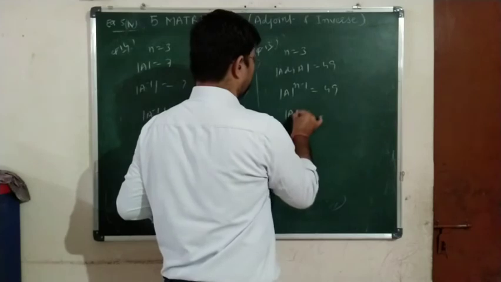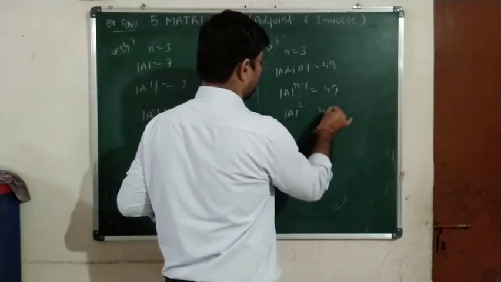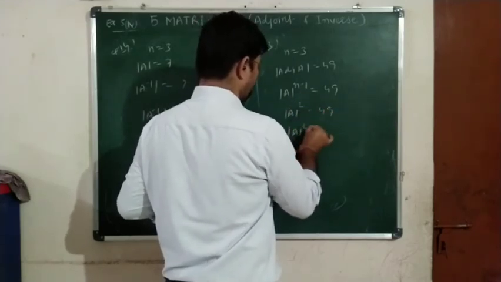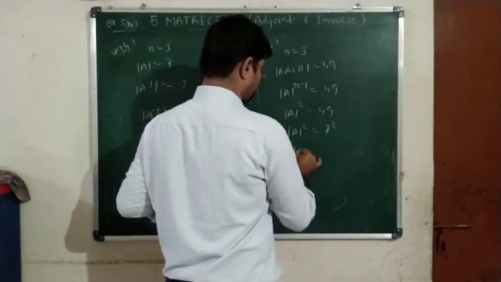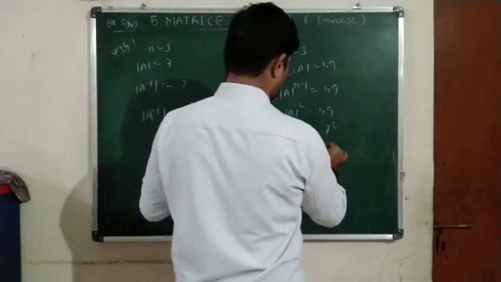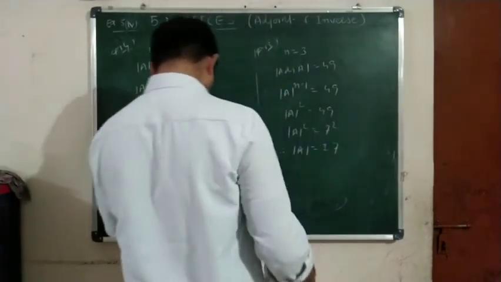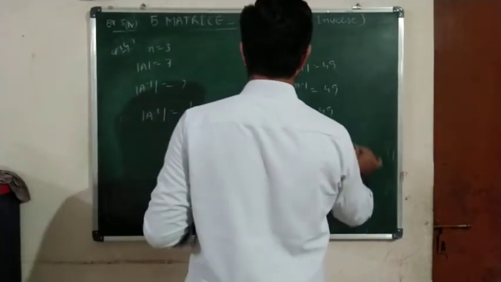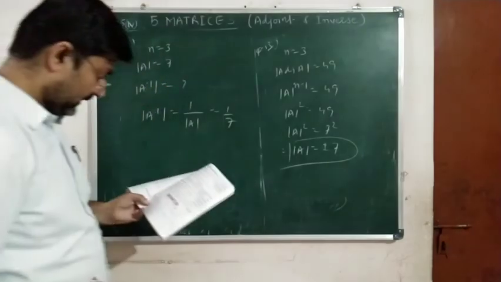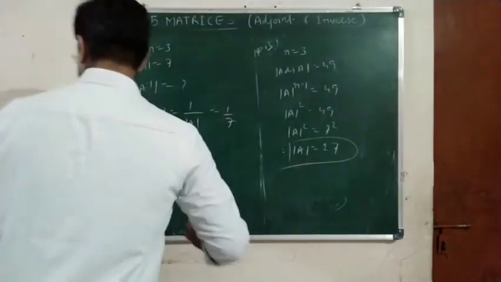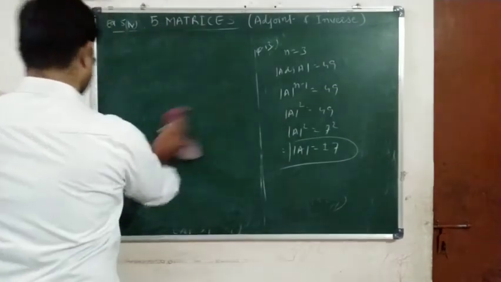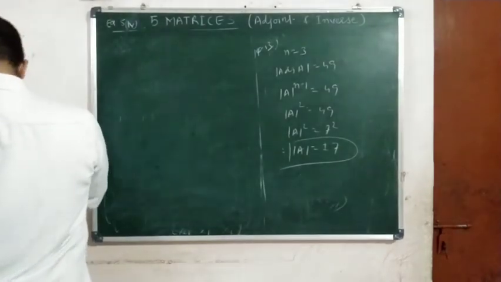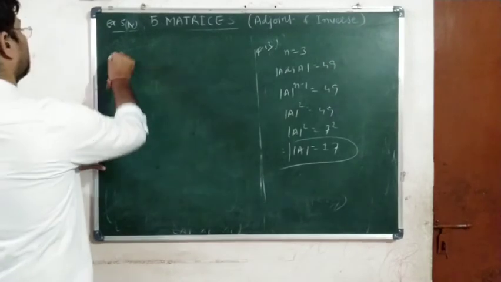So 3 minus 1, 2. So determinant of A squared is 7 squared, and therefore determinant is equal to plus or minus 7. So 13, 14, and now the last question of this last exercise of your chapter, question number 15.